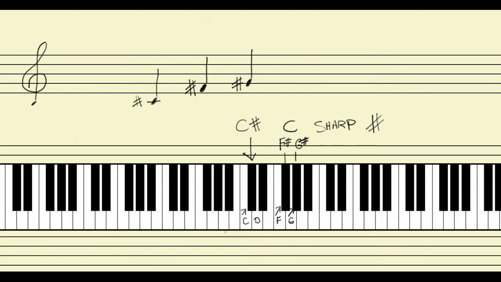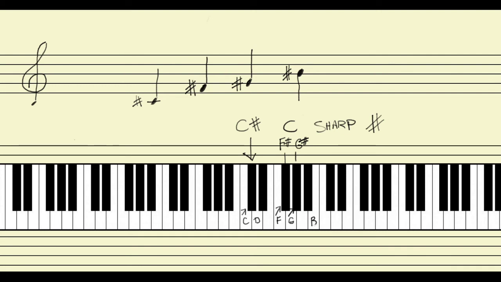This leads to kind of an unexpected result in a couple of places, though. Let me show you one of those places now. Suppose I go up to the B line right here, the third line on the treble clef staff. I'll write a B note head, write a stem, and put the sharp symbol in front of the B. Okay, so let's go down here.